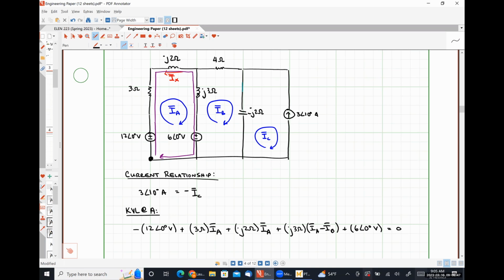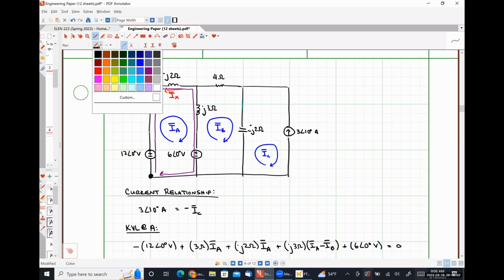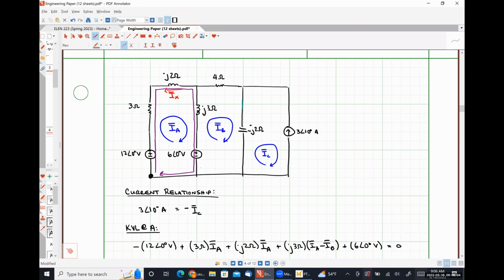Got this equal to 0, and we're done with this particular mesh. Right? Now we're going to have our KVL equation around mesh B. So the first thing we see is what? -6 volts.